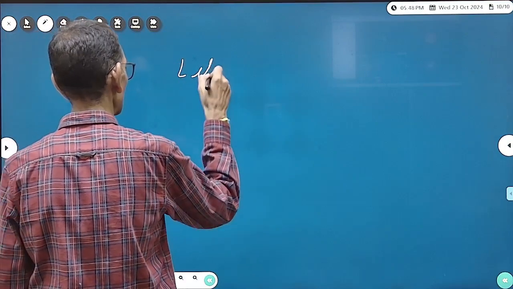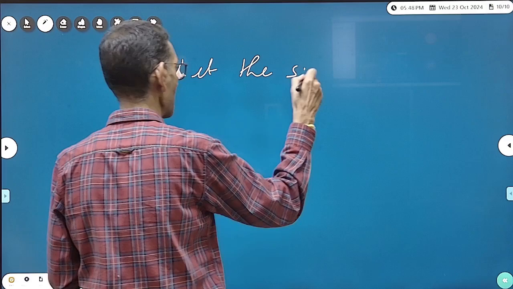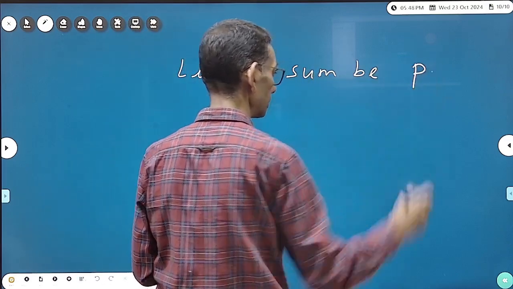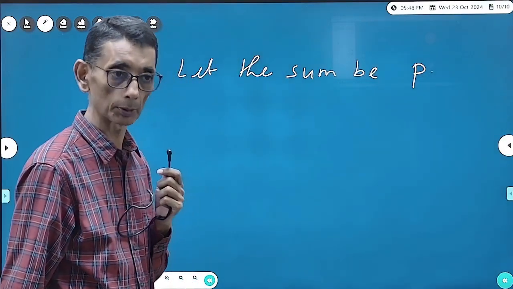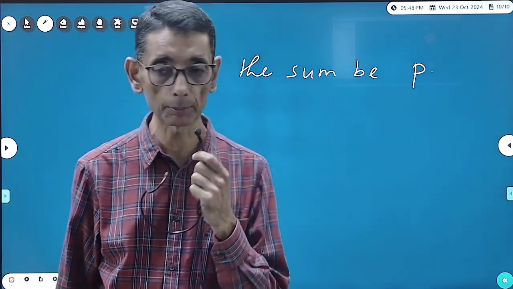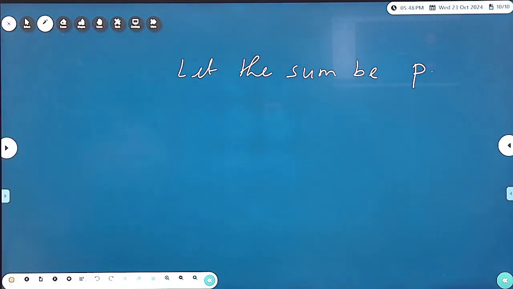Let the sum be P. Due to interest this will become double. P becomes twice P. If 100 rupees becomes 200 due to interest, with principal 100 rupees, the interest will be 100 rupees.